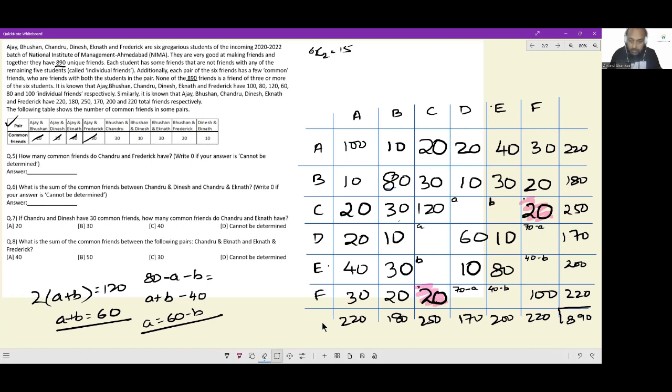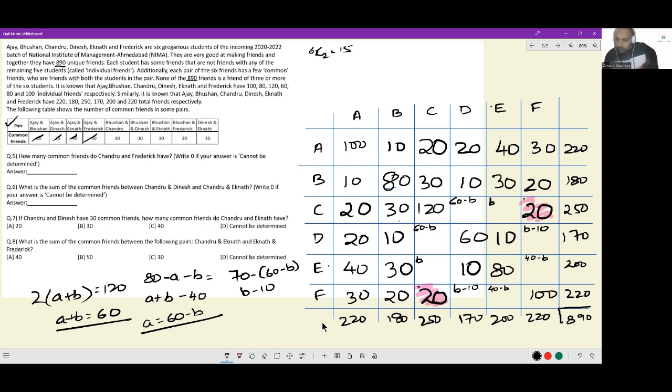I know A is 60 minus B, so I'll write this as 60 minus B. Okay, now 70 minus A also I can get rid of. 70 minus 60 minus B is as good as B minus 10. So this is B minus 10, and this is also B minus 10. Okay.